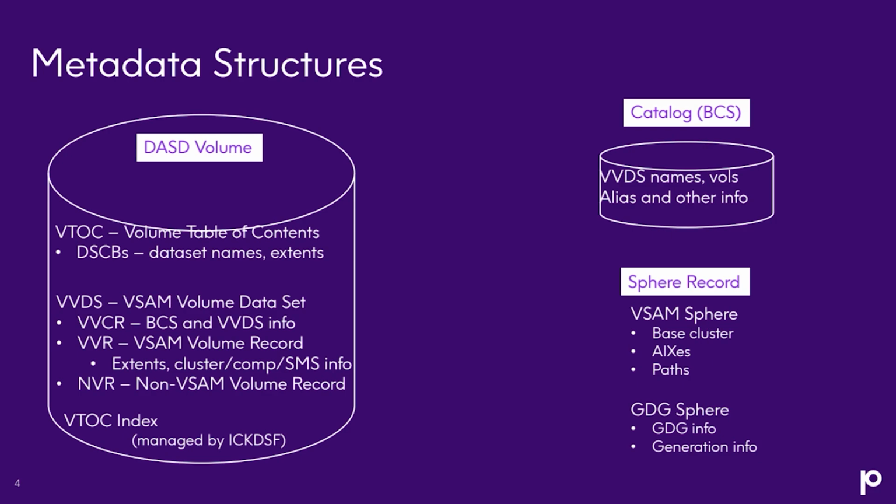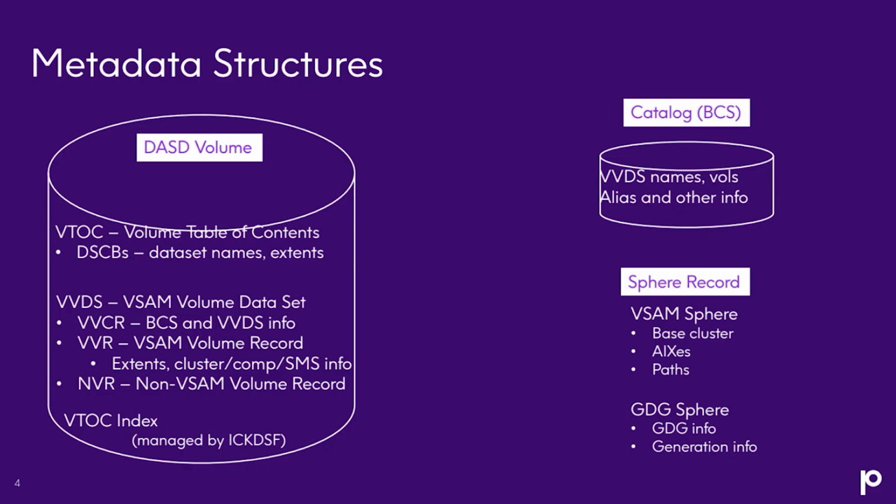But IDCAMS is going to manipulate data, first of all, on the volume. It's going to manipulate data that is pointed to by DSCBs, the data sets and their extents. It's going to manipulate the metadata when we create or delete or alter a VSAM record or non-VSAM record. We change its data class, we change its storage class, or we write data into it, or we delete it.